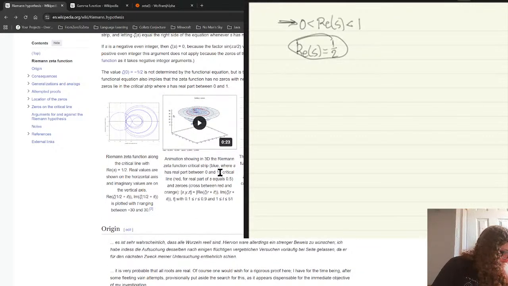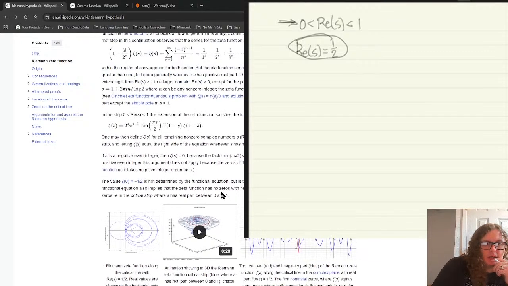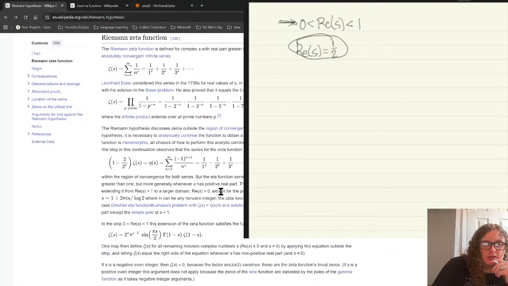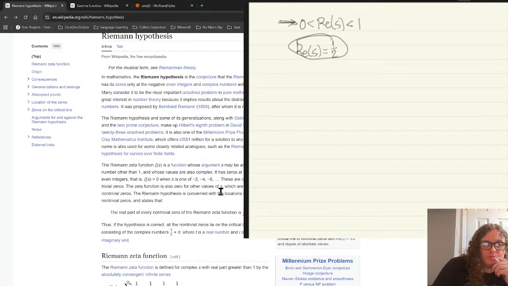Now what I'd like to understand more about is how this function behaves.